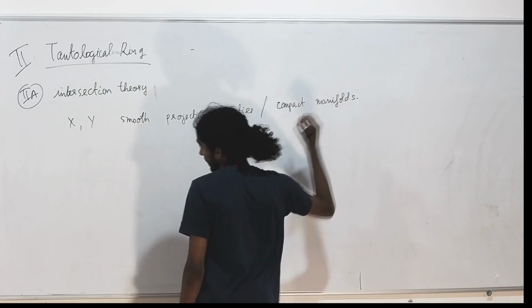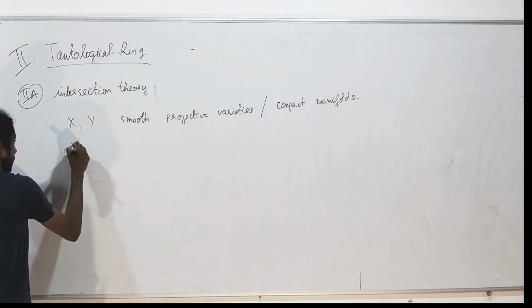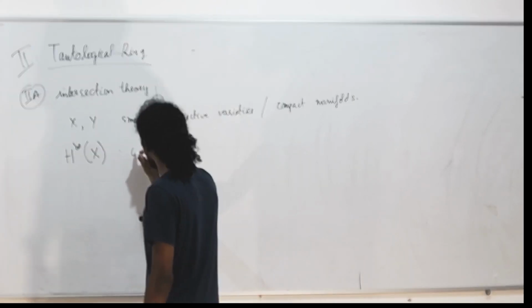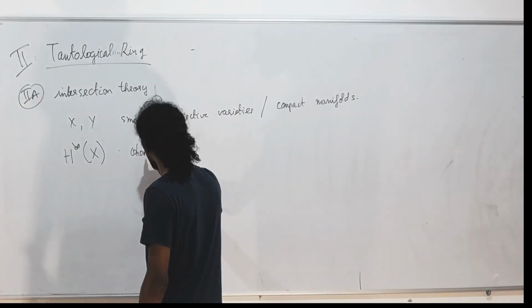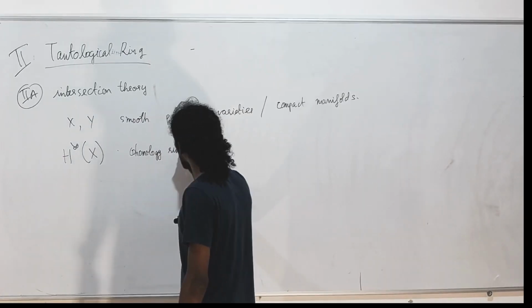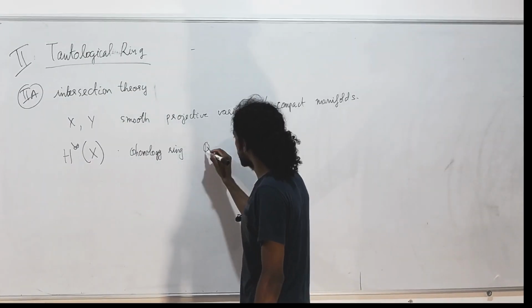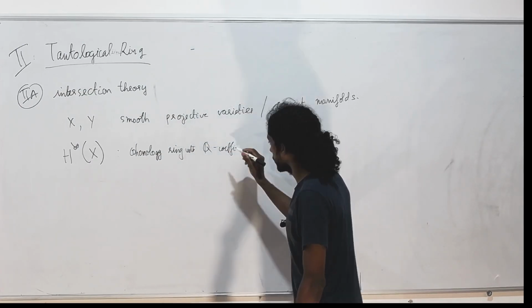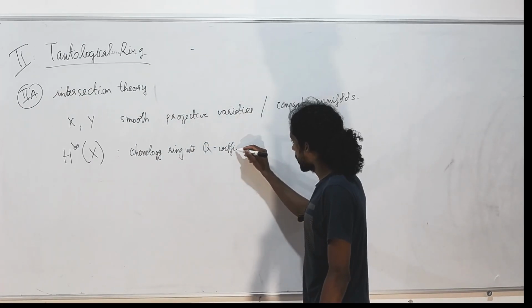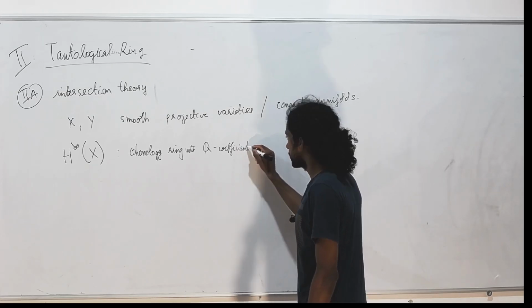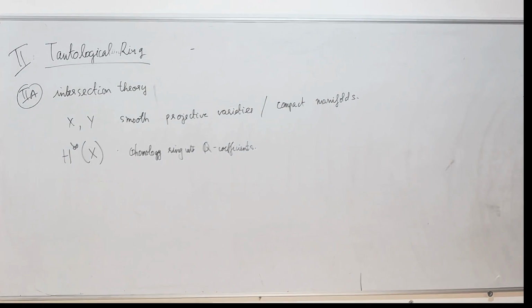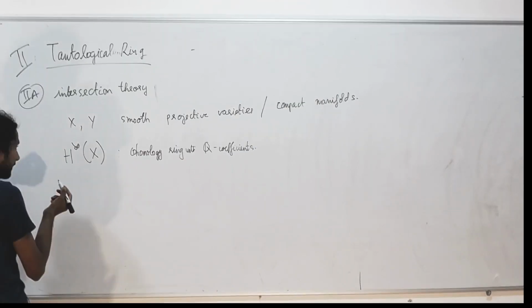First thing that we'll be interested in is the cohomology. It has a natural ring structure with Q coefficients. This is something that we need to do because we're actually working with stacks. So it's a ring, right?